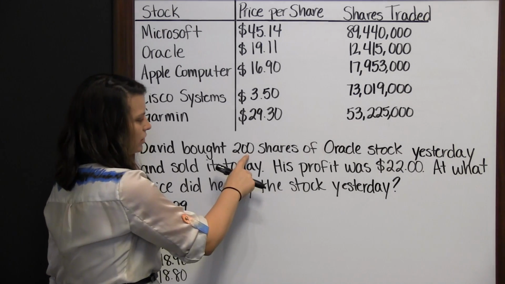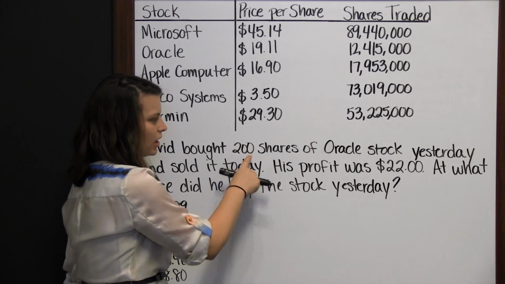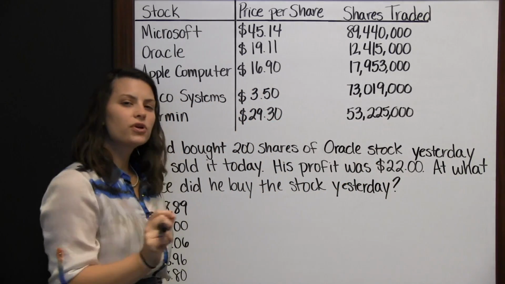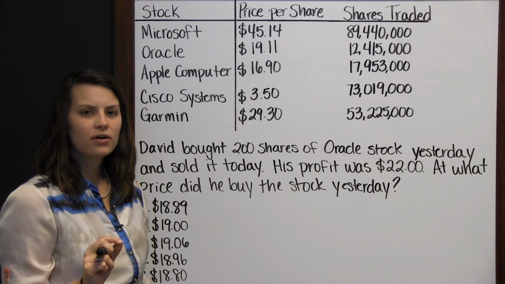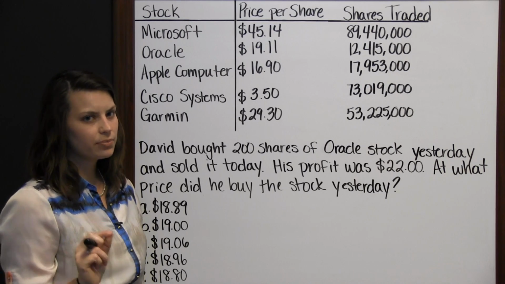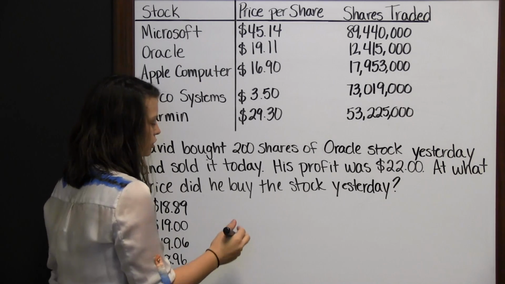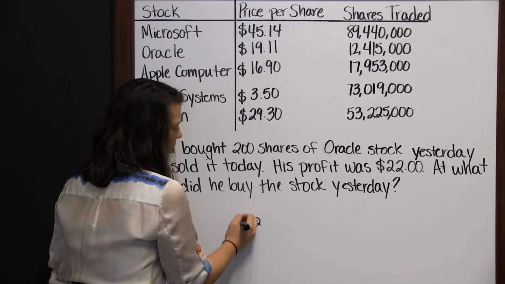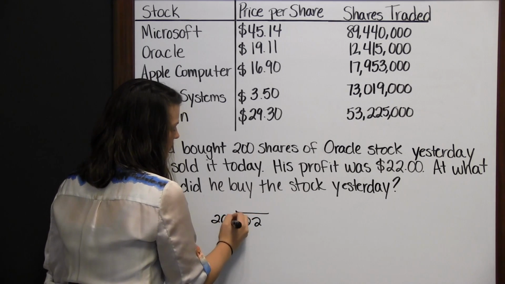It tells us that he bought 200 shares and made a profit of $22. So the first thing we want to do is find out his profit per share, which means we need to divide his profit by his number of shares.